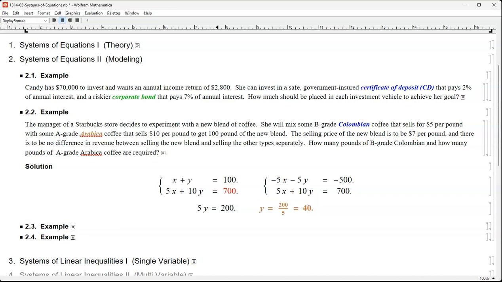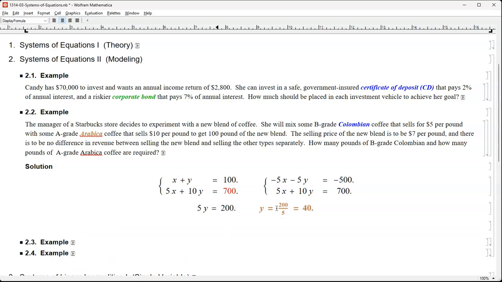Okay, the total is 100. 40 pounds of Arabica, so Colombian must be 60. So 60 pounds of Colombian and 40 pounds of Arabica.